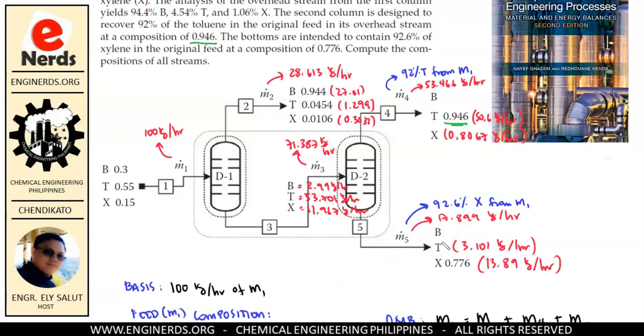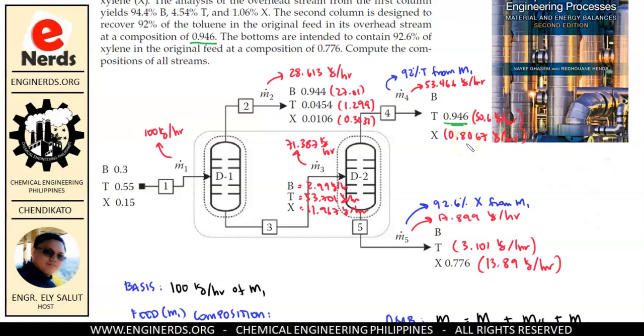But this is very easy now dahil alam naman na natin yung value ng mga components natin. For example, in M4, we know that our stream is equal to 53.466 kilogram per hour. And we know that our toluene is equal to 50.6 kilogram per hour and our xylene is 0.8067 kilogram per hour.